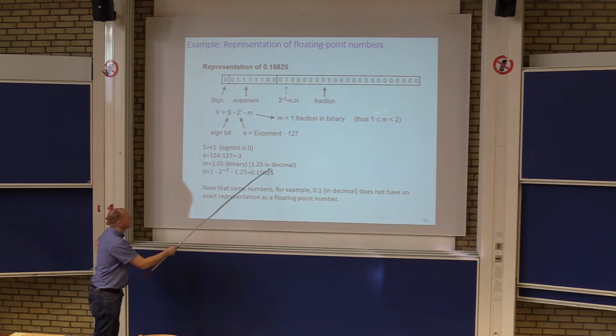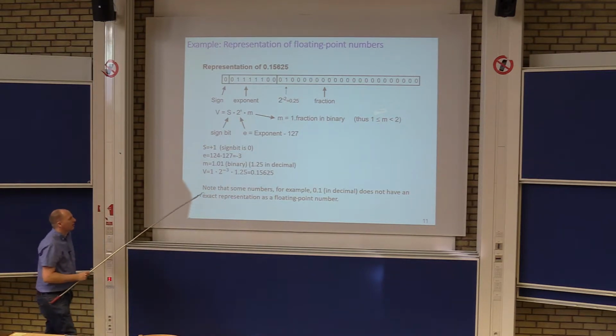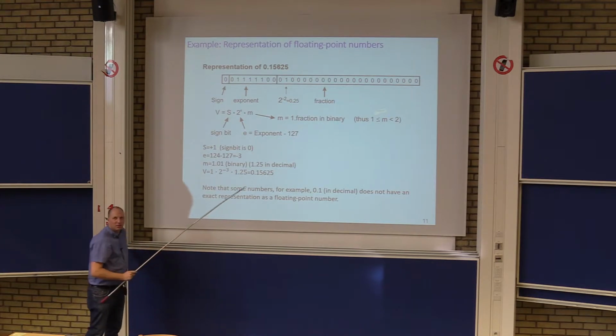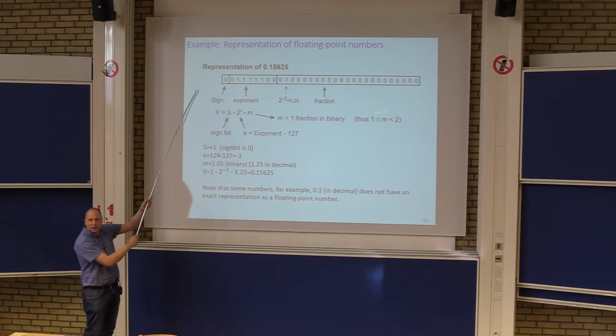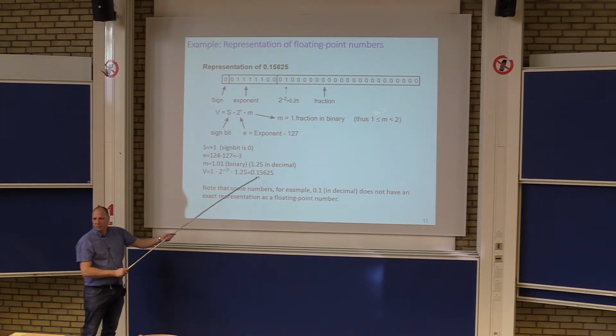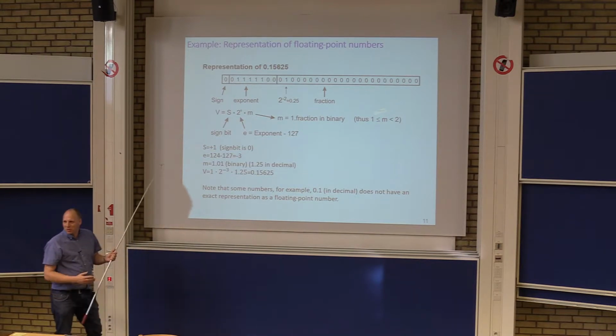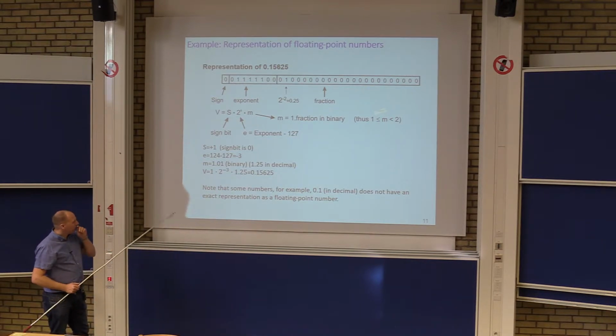So this way we get this number. Right? So at least given that you have a bit field here, you can easily calculate what number it represents, right?